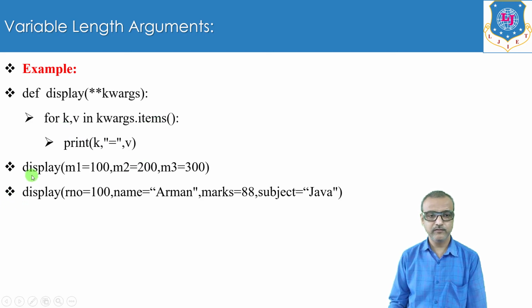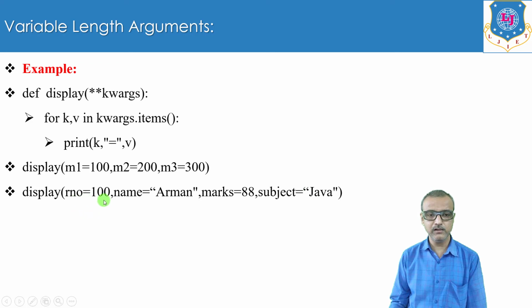For example, if I call this function, say display(m1=100, m2=200, m3=300), it will print all these keyword arguments: m1 equals 100, in the next line m2 equals 200, in the next line m3 equals 300, in this way. And if I call this function again, what will be the output in this case?